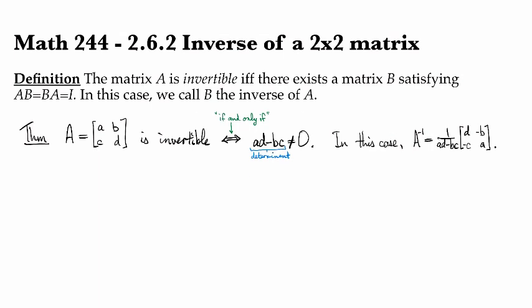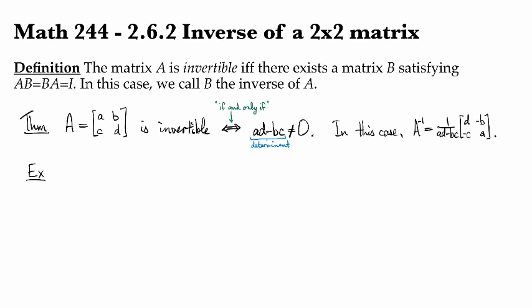Okay, so let's look at an example of this. If I take A to be the matrix 3, minus 2, 1, minus 1, then A inverse is going to be, so let's see, we do AD minus BC. So AD, that's going to be 3 times minus 1. And we're going to subtract BC, which is minus 2 times 1.